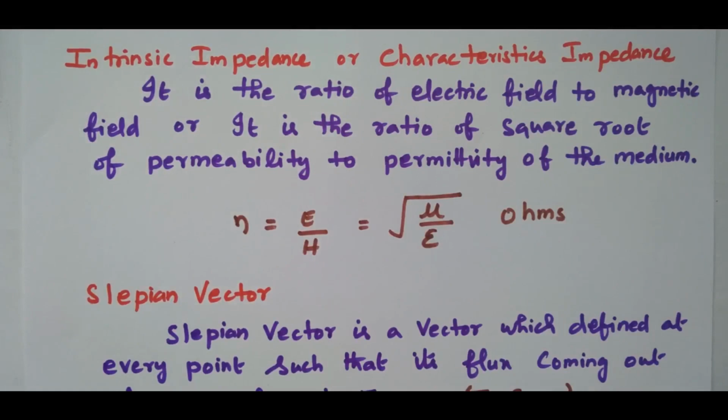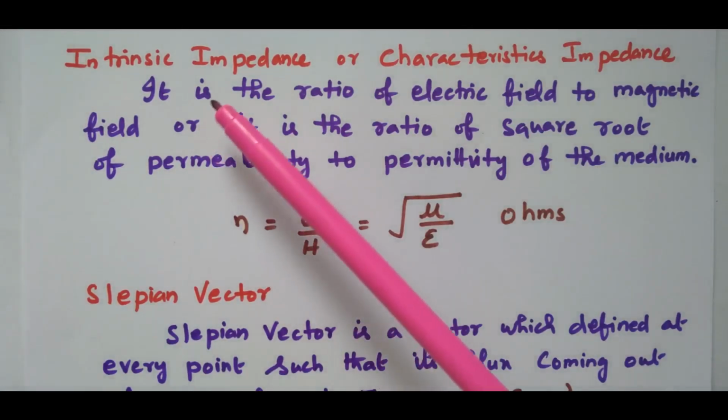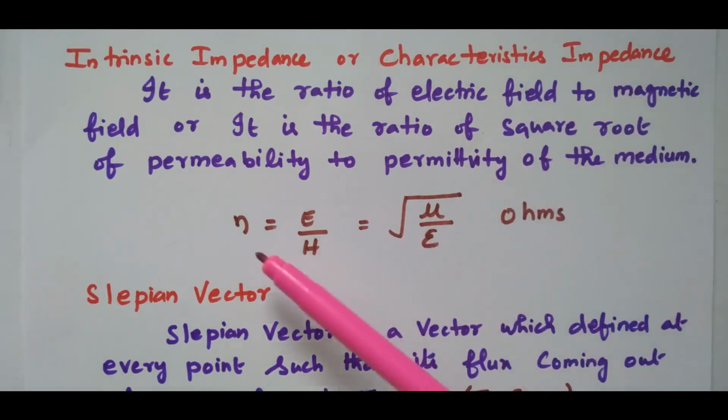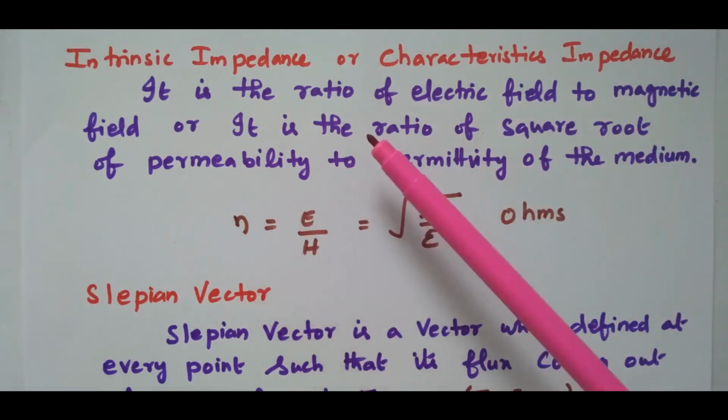Welcome viewers. In this video we will see the Poynting vector followed by the Poynting theorem derivation. First we will see what is meant by intrinsic impedance or characteristic impedance.